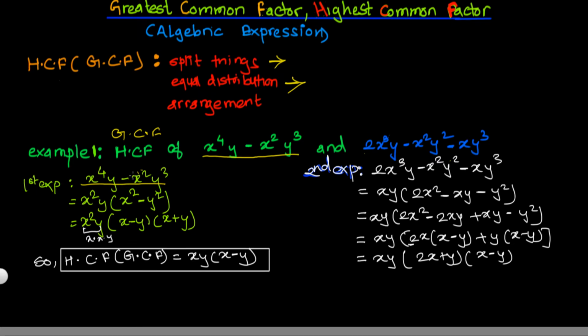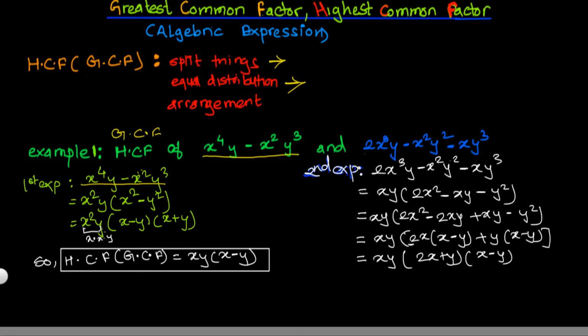Similarly, you do the same with the second term. The remaining term for the second term in the first expression is y square. So after taking x square y common, we will have x square minus y square inside the bracket.